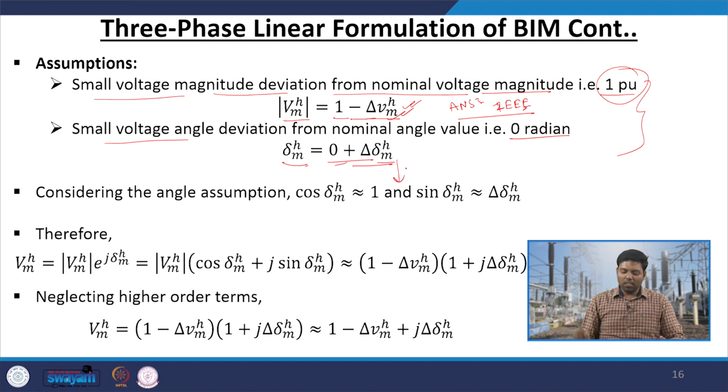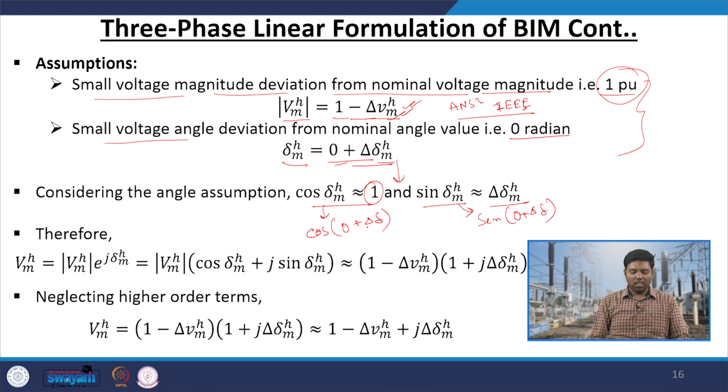So, keeping these two assumptions, now we apply them to the cos and sin. We know cos of a small angle gives the value of 1 and sin of a small angle gives the angle value itself. Like this is your cos of 0 plus del delta, and this is your sin of 0 plus del delta, right. So, cos of 0 plus del delta is close to 1 and sin is equal to only the angle del delta.